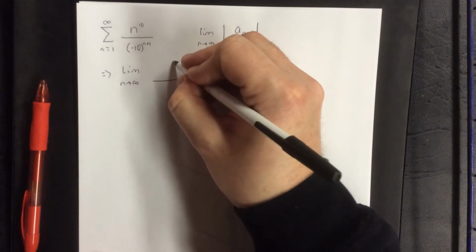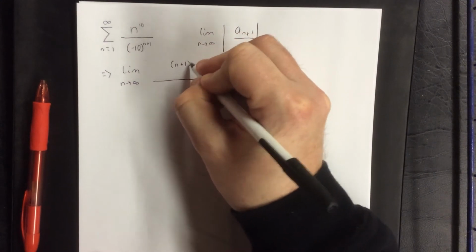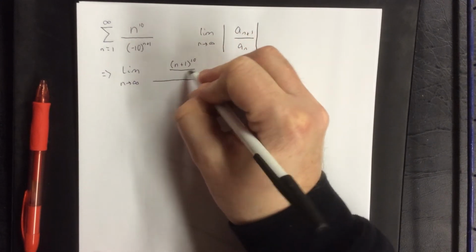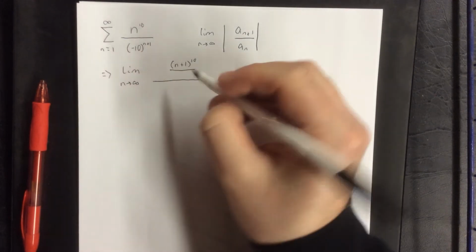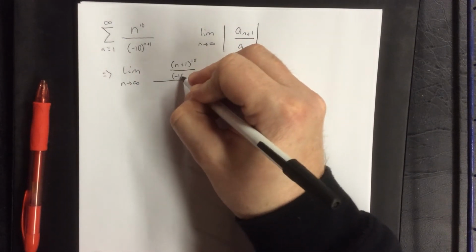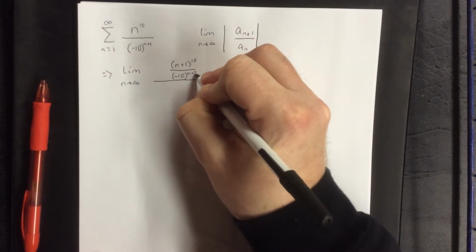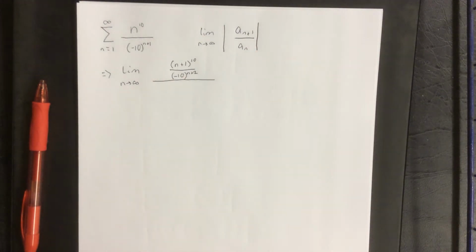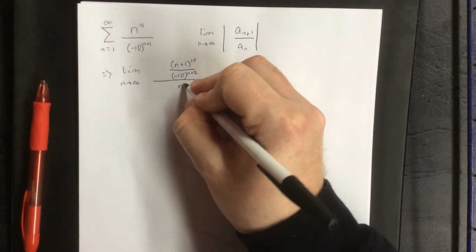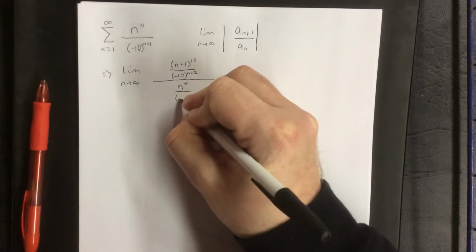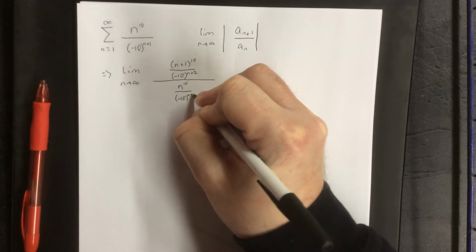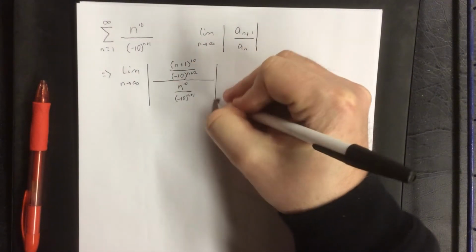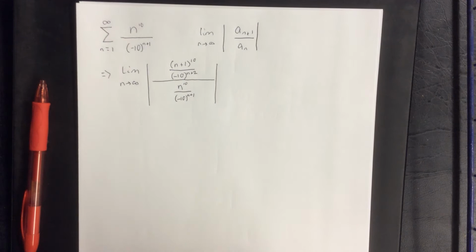N plus 1 raised to the 10th power over, now this one will have an n plus 1 plus 1, so negative 10 raised to the n plus 2 power. The denominator is the same thing, n to the 10th power over negative 10 raised to the n plus 1 power. Still inside absolute values as we are testing for absolute convergence.